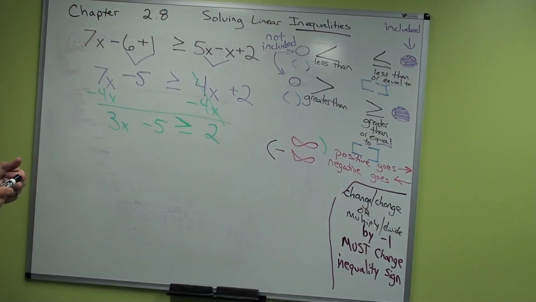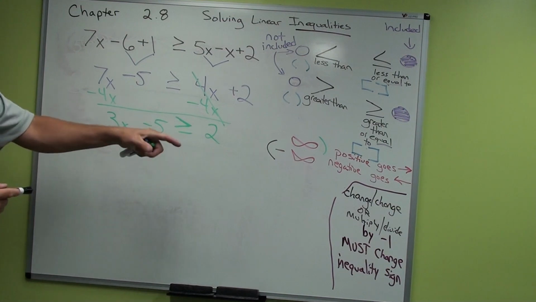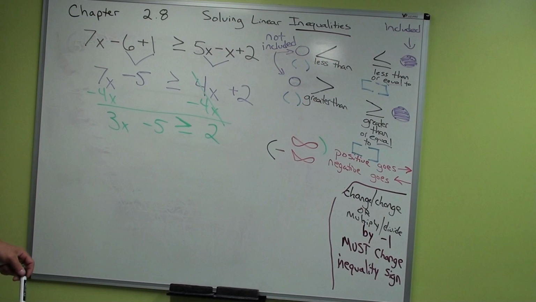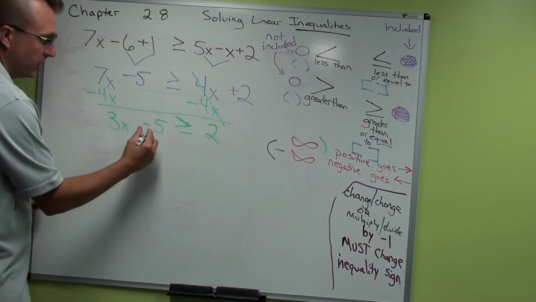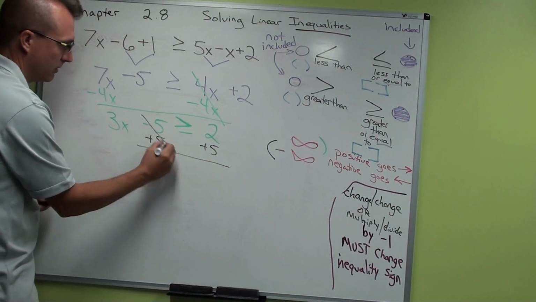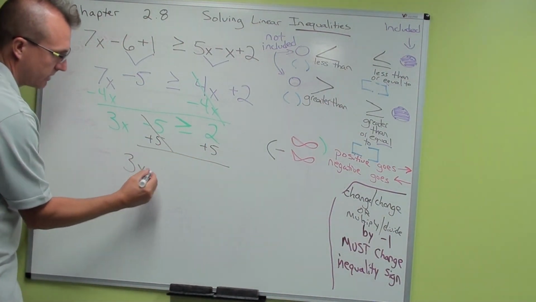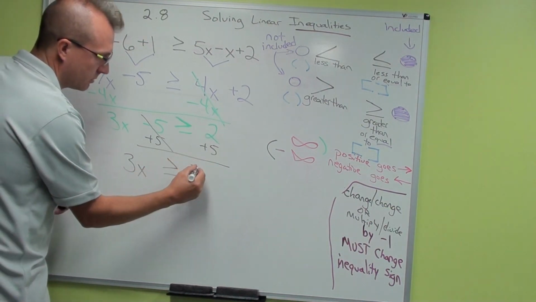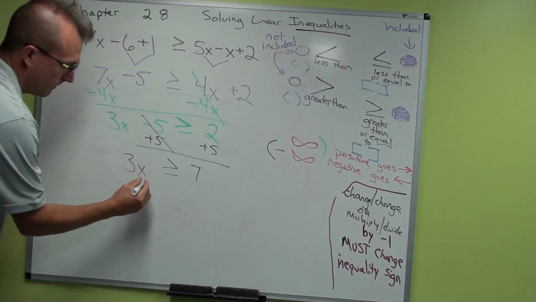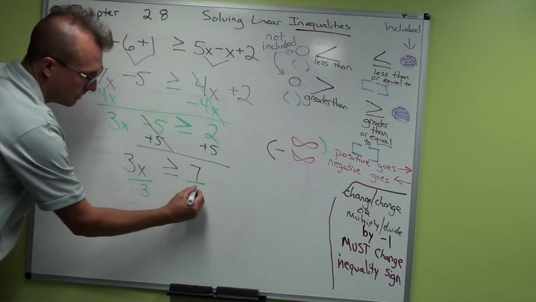Our next step, we have to get rid of this 5 and move it over. Anytime you feel like, I want to do the rest of this by myself, do it. And then you can just fast forward to the answer. I'm going to add 5 to both sides. This is going to be 3x, and this will be 7. Divide by 3. Divide by 3.